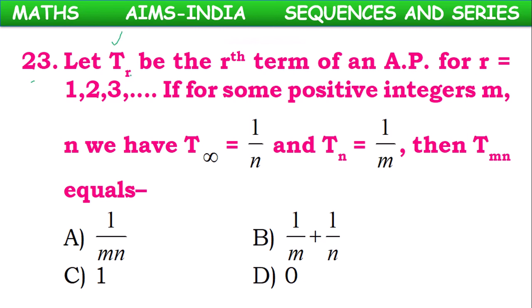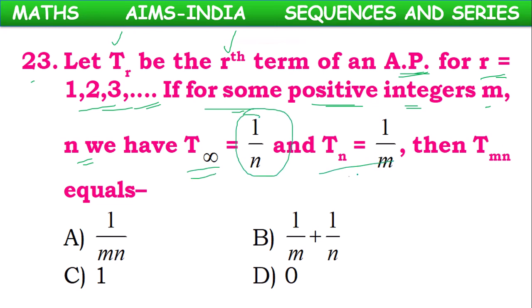And the question is: let Tr be the rth term of an AP for r equal to 1, 2, 3 and so on. If for some positive integers m and n, we have T infinity value is 1 by n, Tn is 1 by m, then Tmn equals how much?